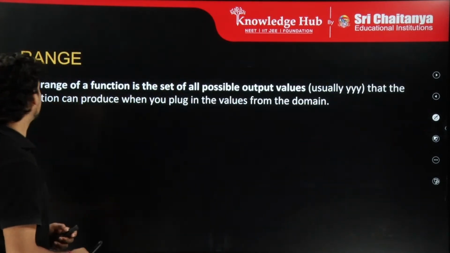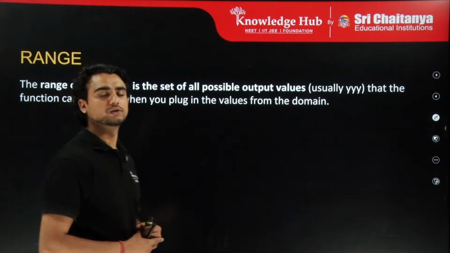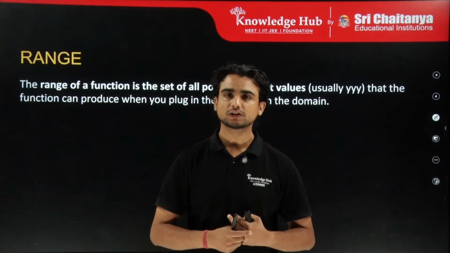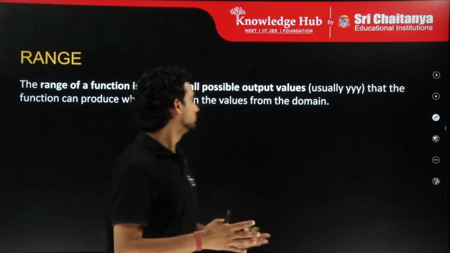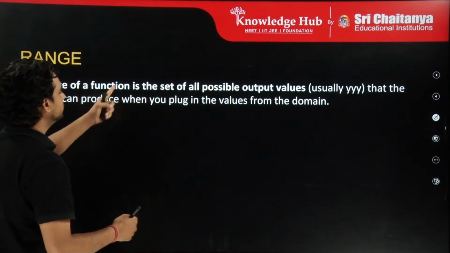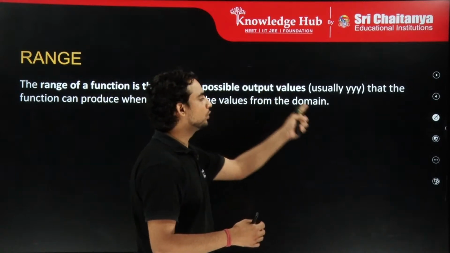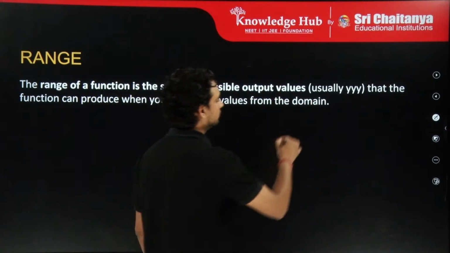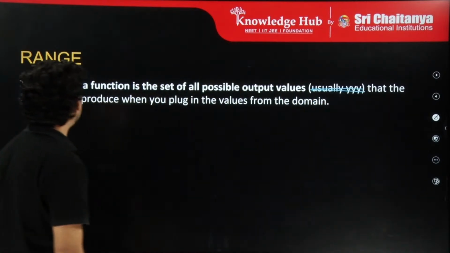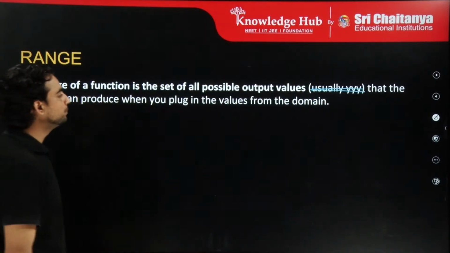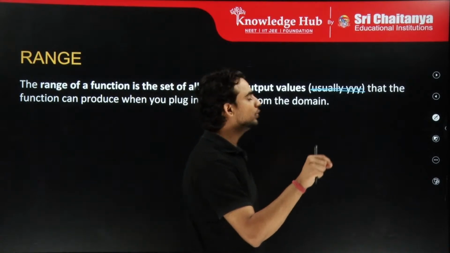So I hope now domain is clear to you. So now what is range? All the possible output values. Range of a function is the set of all possible output values that the function can produce when you plug in the values from the domain.